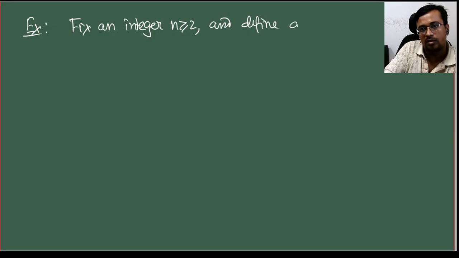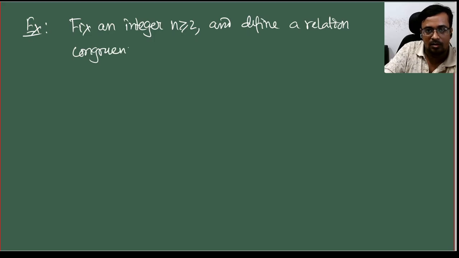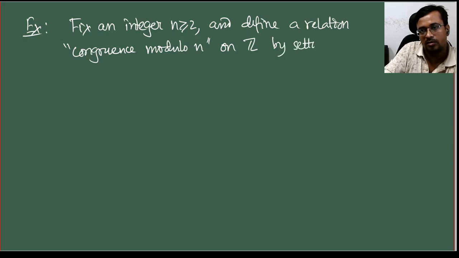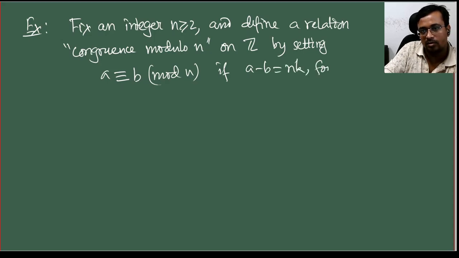Fix an integer n greater than or equal to 1, and define a relation, congruence modulo n, for Z by setting: we write a is congruent to b mod n if a minus b equals nk for some k in Z. Okay.